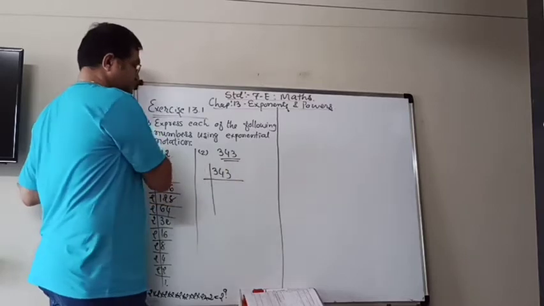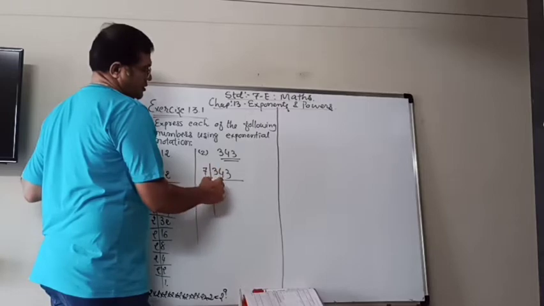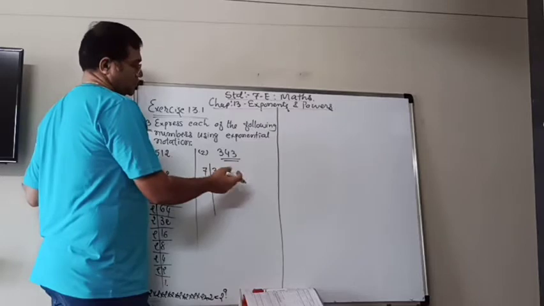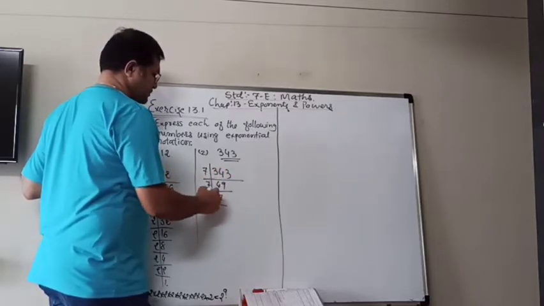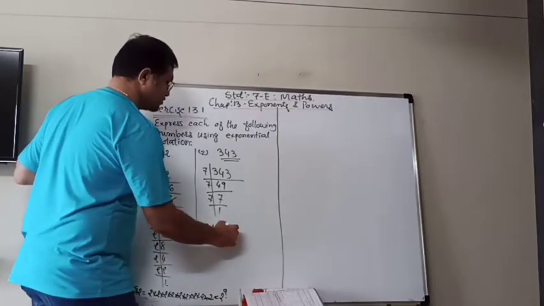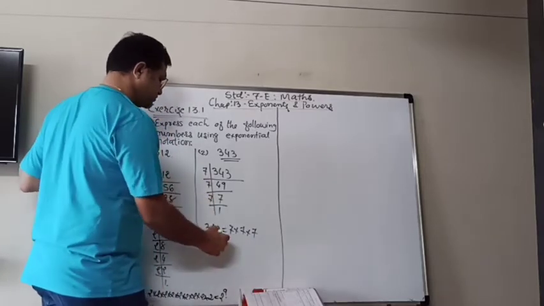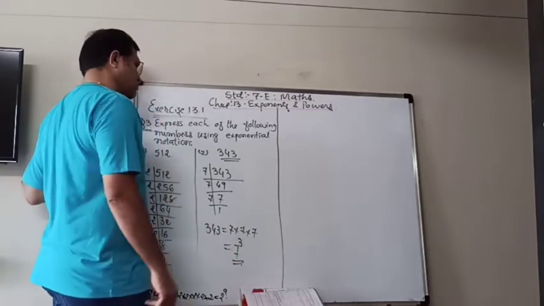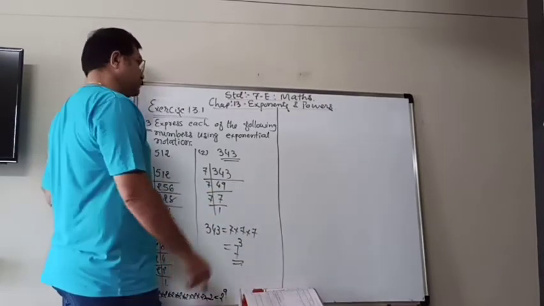Take 7. 7 4s are 28, 7 9s are 63, 7 7s are 49, and 7 1s are 7. So 343 is equal to 7 into 7 into 7, 3 times. So in exponential notation we can write 7 raised to the power 3, or 7 cubed.